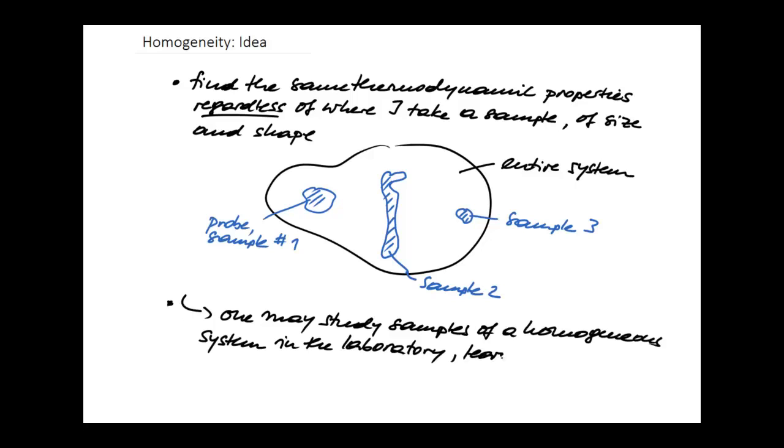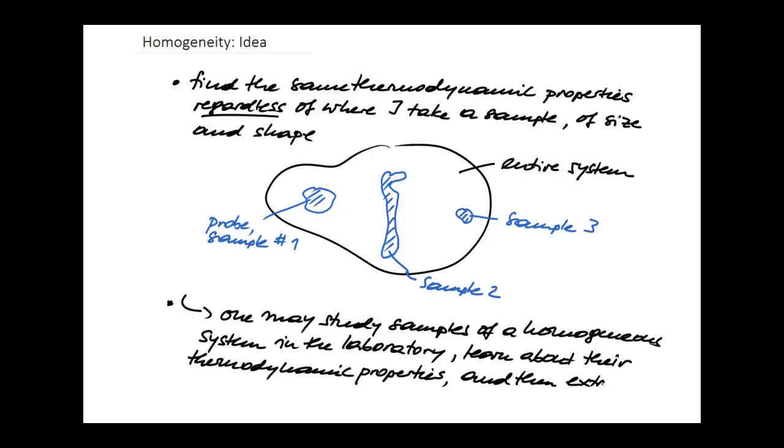You can learn about their thermodynamic properties, and then you extrapolate your findings to the entire system. So this is the basic physical idea behind homogeneity. The next question is how you formulate this mathematically. What is the mathematical criterion for homogeneity?